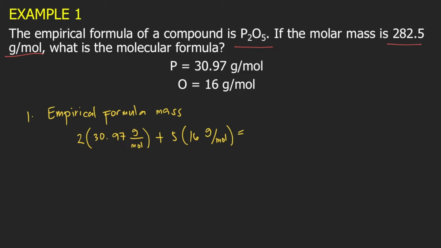And if you solve this in your calculator, you will get the empirical formula mass, which is equal to 141.94 grams per mole. So this is your empirical formula mass.